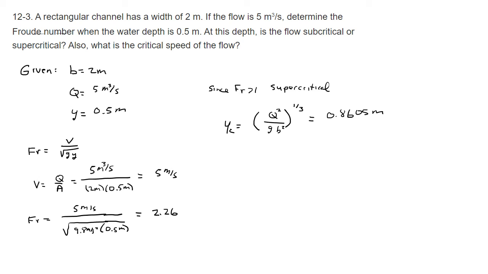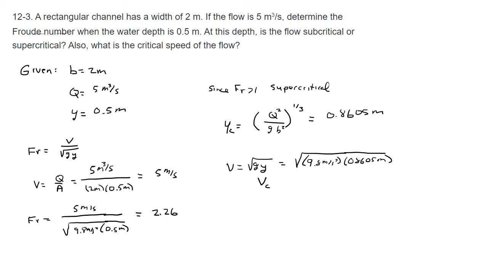And so we want to find the velocity at the critical depth. We can find that using the formula we have in the book that says V equals the square root of G times Y. In particular, at the critical depth, we just have to plug in that value: 9.8 meters per second squared times the 0.8605 meters.